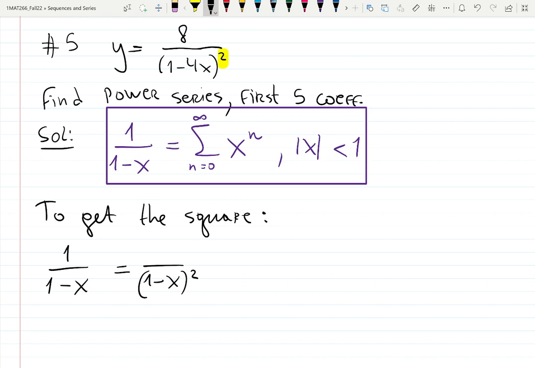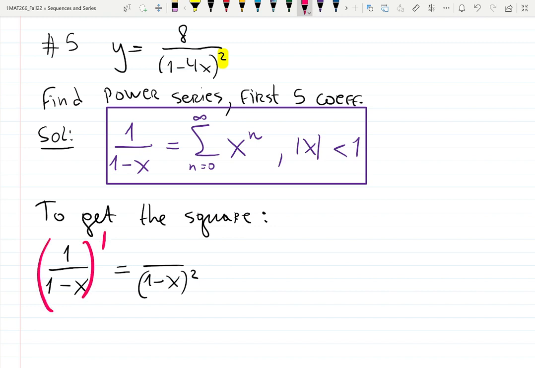Yes, how to get there? We could use some algebraic tricks, plus or minus, factoring out, factoring in. There's one more interesting trick. How to get from 1 over 1 minus x into something over 1 minus x squared, what connection do they have? Can you guess?